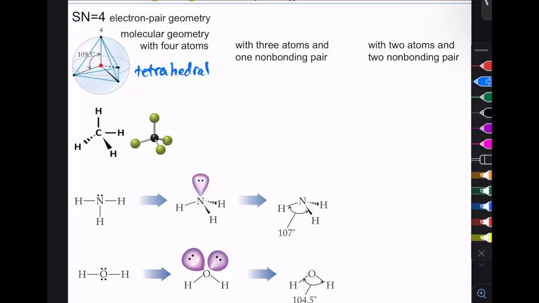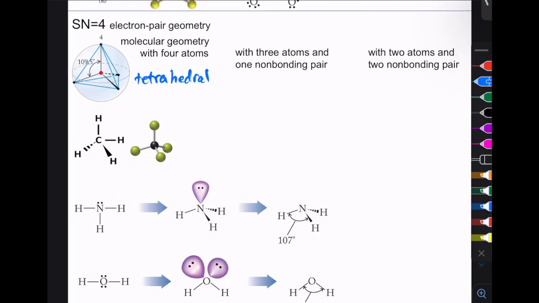So for example, here's our 2 models of today, methane and ammonia, okay? They both have a steric number of 4. Except for ammonia, one of those comes from a lone pair. So electronically, the electron pair geometries are the same. The electron pair geometries are tetrahedral for both of these, because we're just looking at the organization of the packages of negative charge.